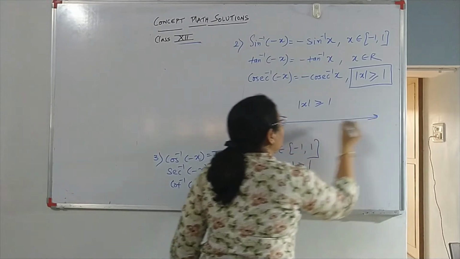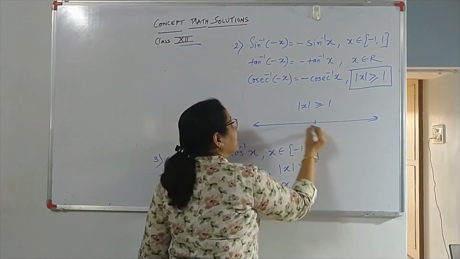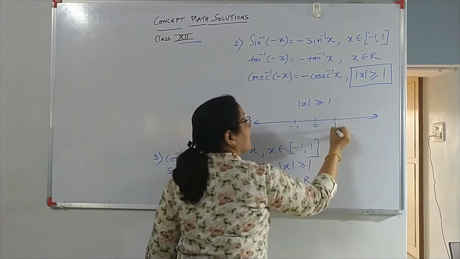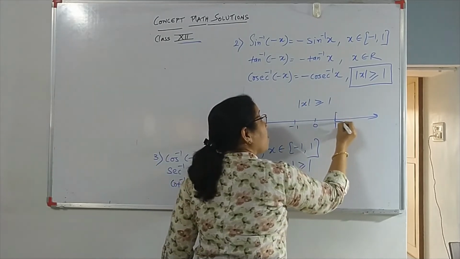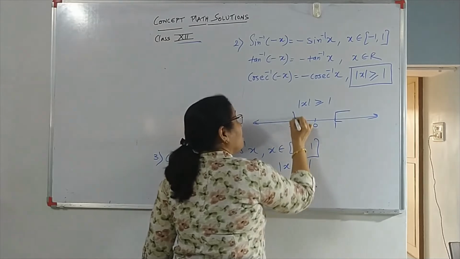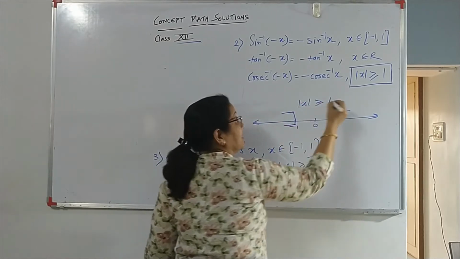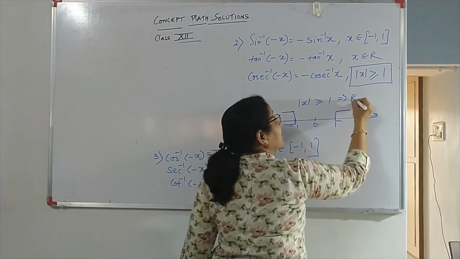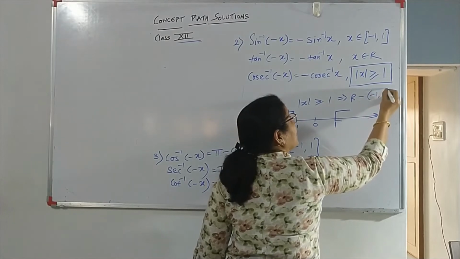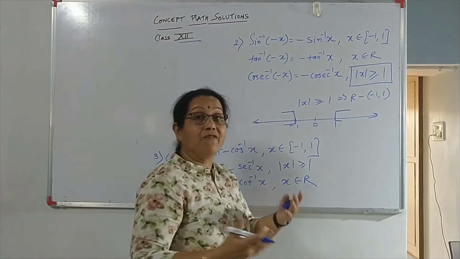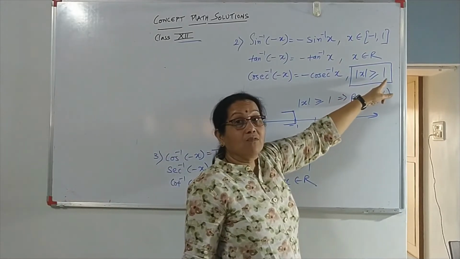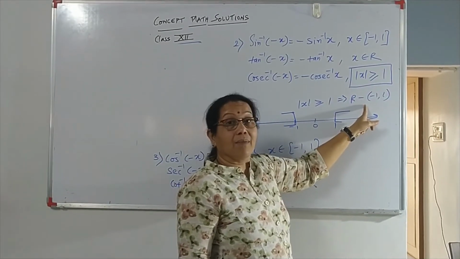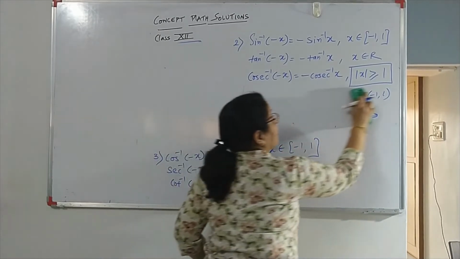If I draw the number line, this is minus 1, this is 1. Modulus of x greater than or equal to 1 means all these numbers and all these numbers will come. That is the same as R minus (-1, 1). It is just a different expression they have given.